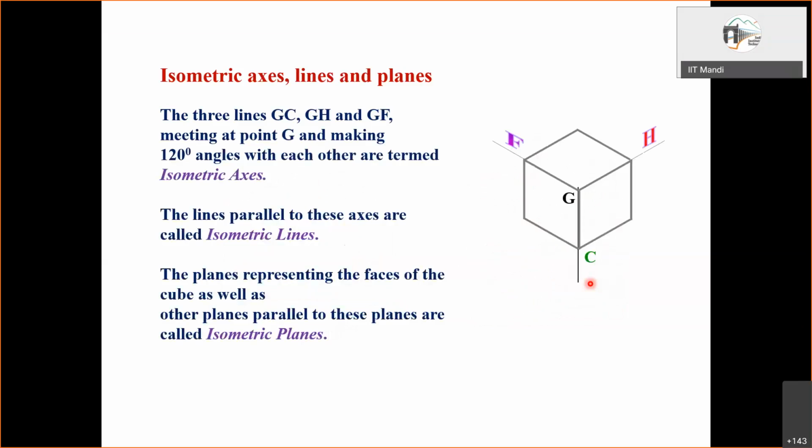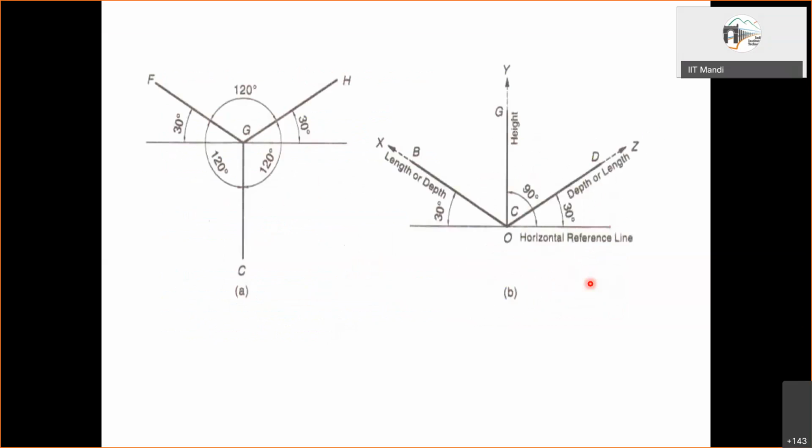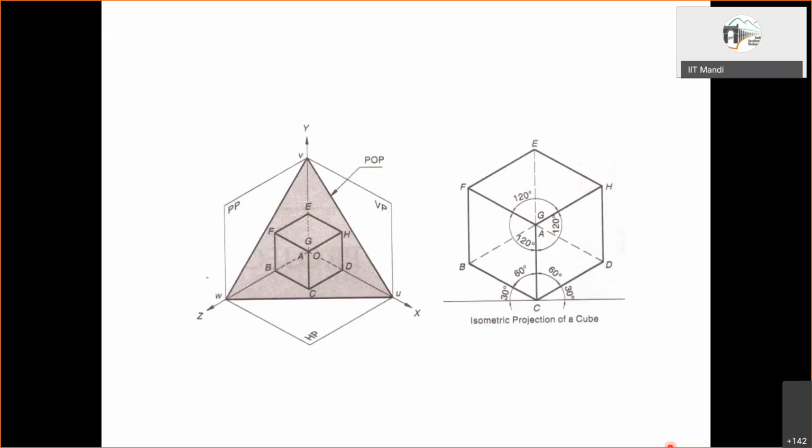Now next is what kind of orientation we have to adopt. This slide gives this one point G and this one point O. If we go to the previous one, one corresponds to this: one inclined line here, one inclined line here, and one vertical. Another corresponds to this: one inclined line here, one inclined line here, and this one.